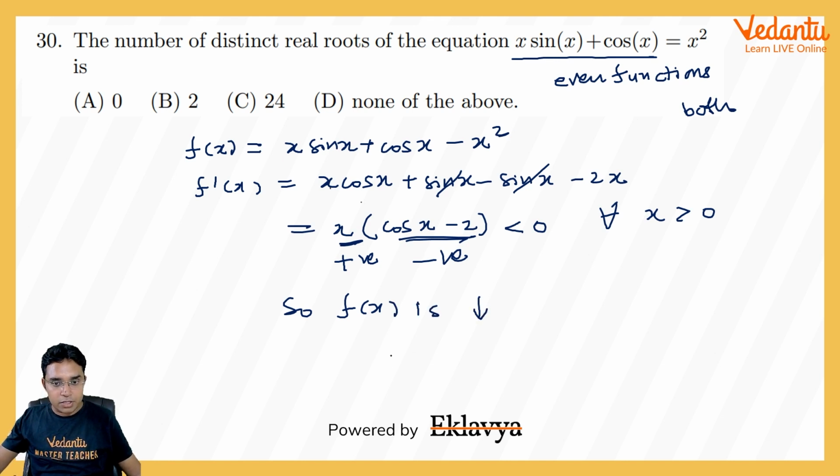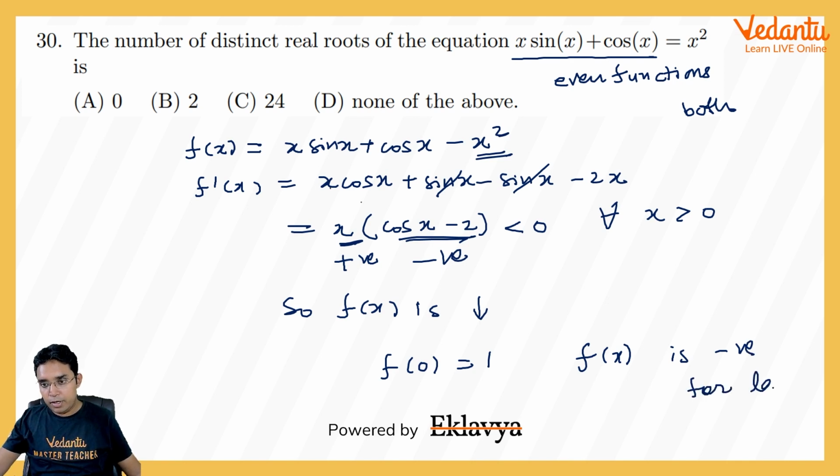So if it is a decreasing function, you can check f(0) is coming out to be, I think, 1 here. Whereas if you make x larger, I think x square will definitely take over. This x sin x plus cos x is negative for larger values of x. So we can conclude, because it is a strictly decreasing function, that for x positive, this function will have exactly one root.